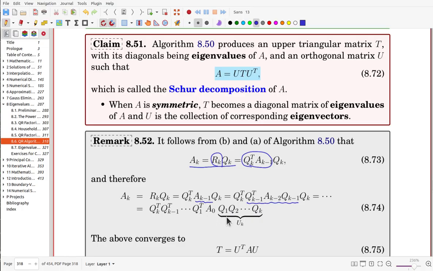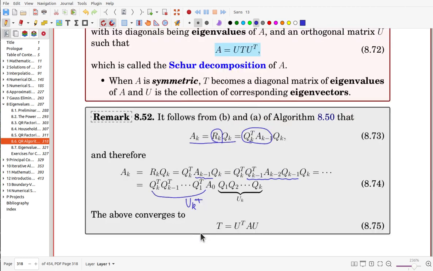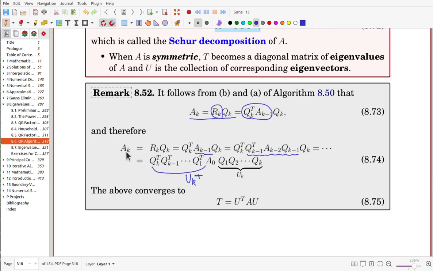If we consider this one as Uk, of course this is Uk in the computation, then this portion will be Uk transpose. So here in the limit, we have T equals U transpose A U.